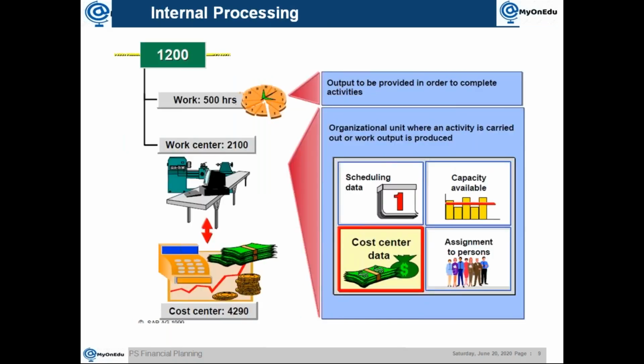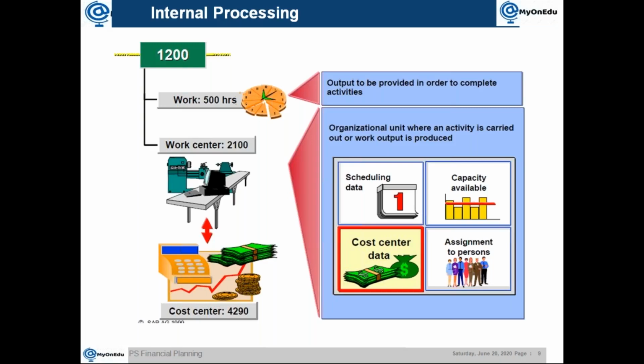Now we need to look into the detail. For example, when you're talking about internal processing, how does the internal processing activity contribute to the network costing? In internal processing, we maintain the work hours, how many hours of work are required. For that, we specify a work center, and also we specify an activity type.